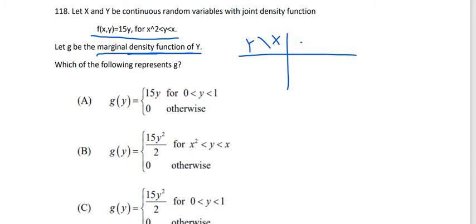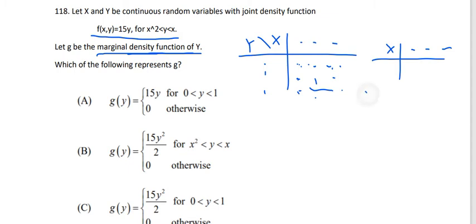Here, x can be this number, y can be this number, and those are probabilities. So how can we find the marginal distribution for x? For each fixed x, we just add those y probabilities.